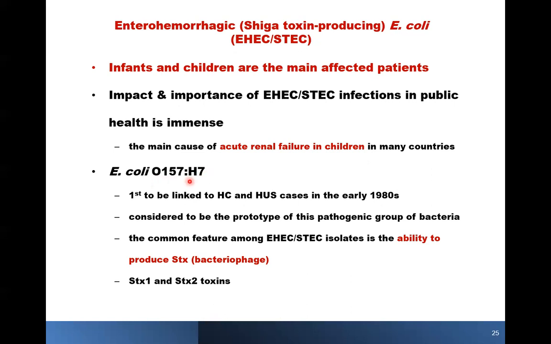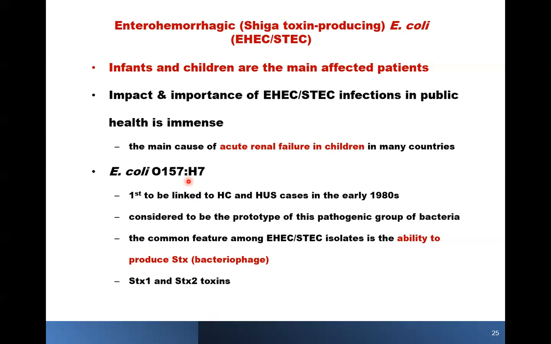And the H is flagellar antigen, very good. So we have different strains with different somatic antigen numbers and different flagellar antigen numbers, okay? But whatever the strain that you're dealing with, if it is enterohemorrhagic, E. coli O157:H7 is the poster boy for them. Is that clear? So that's why I'm not going to give you different names.